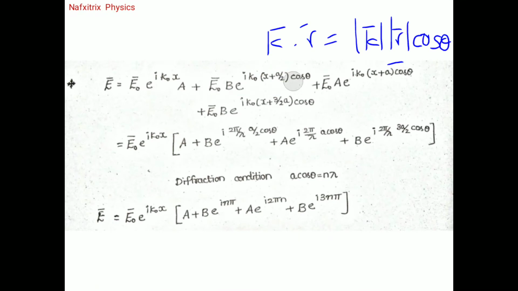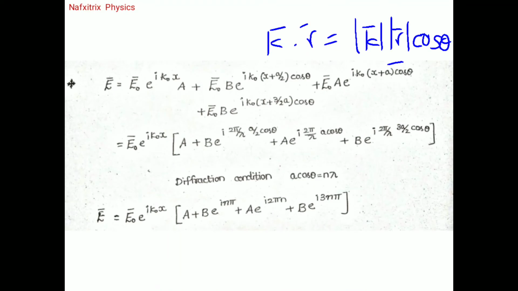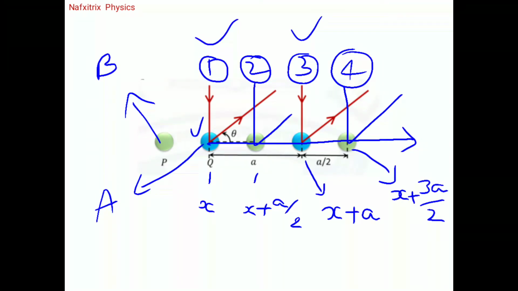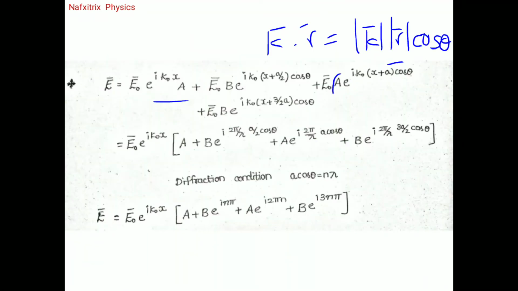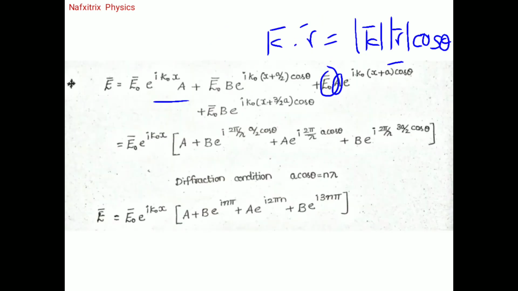In a similar fashion for the next atom, that is the third atom, we have seen the scattering produced by this third atom. This is the same as the first atom. So here we have A, and E naught is the amplitude of the incident electric field, and again k dot r. The third atom is at position x plus a, so that's why k naught into x plus a cos theta. Magnitude of k is nothing but k naught.